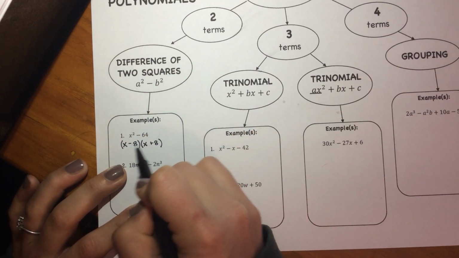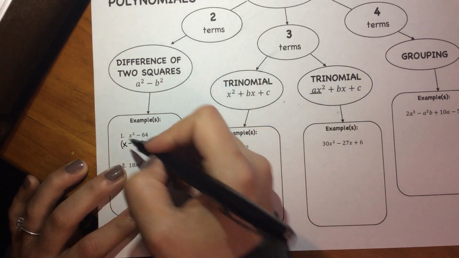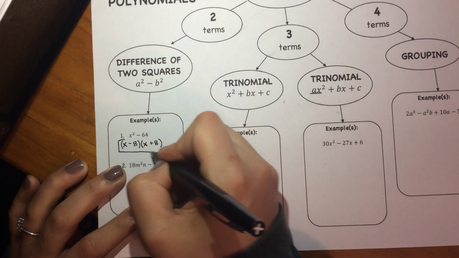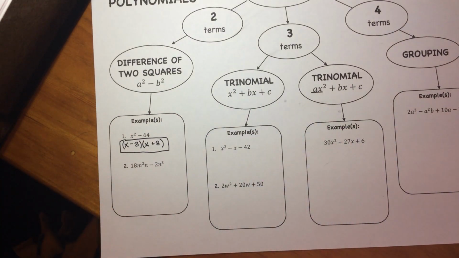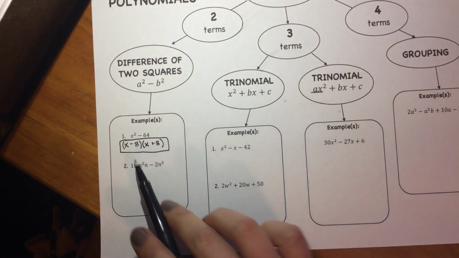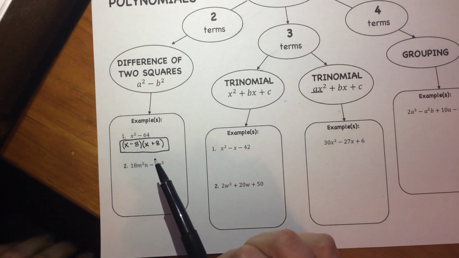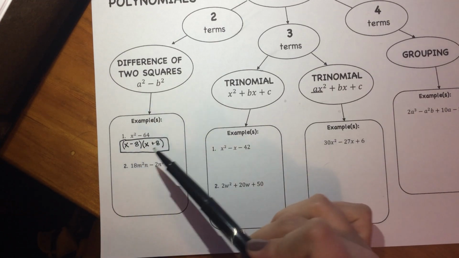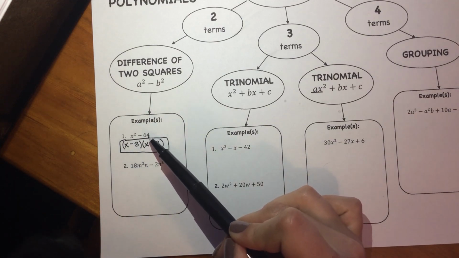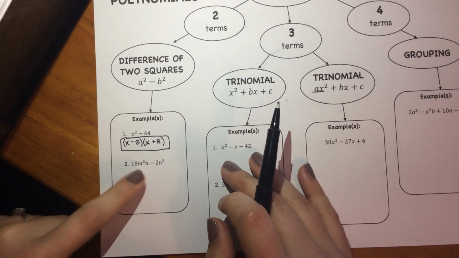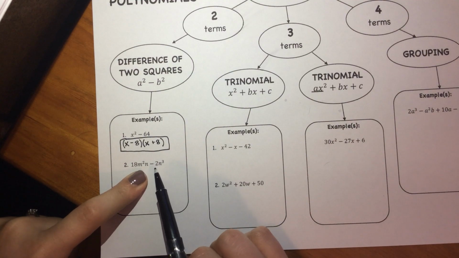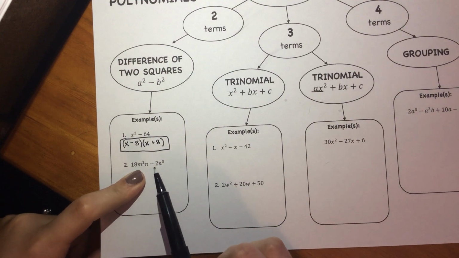We don't care which one says plus and which one says minus, but this is our final answer. Remember, the way to always check your work is to FOIL it out and multiply these 2 binomials together, and you're going to get the x squared minus 64 back.